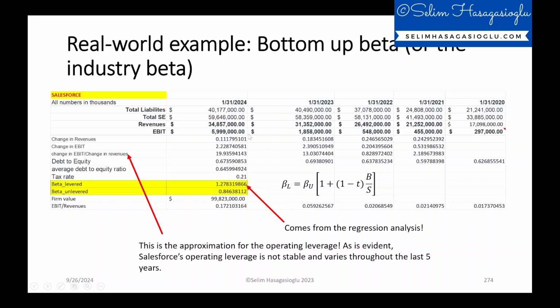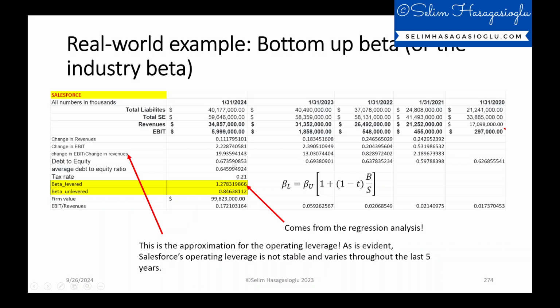We have revenues and EBIT values, change in revenues, change in EBIT, and remember, change in EBIT divided by change in revenues is the approximation for the operating leverage. As is evident from these values, Salesforce's operating leverage is not stable and varies throughout the last 5 years. Even for the company itself, this is a very unstable operating leverage.